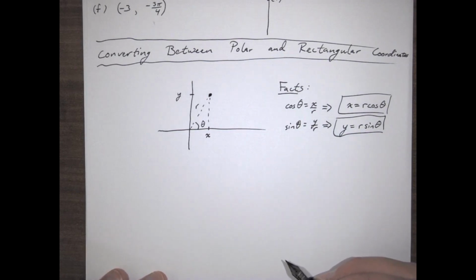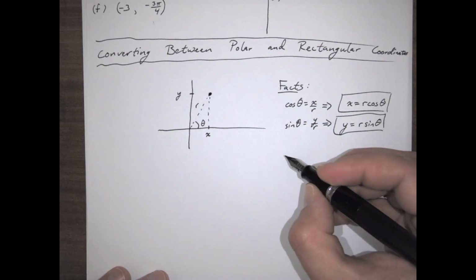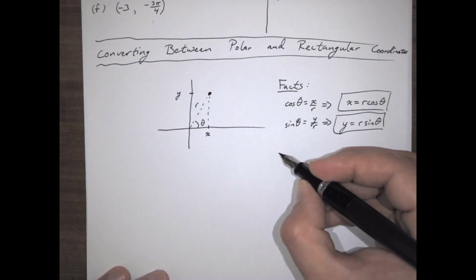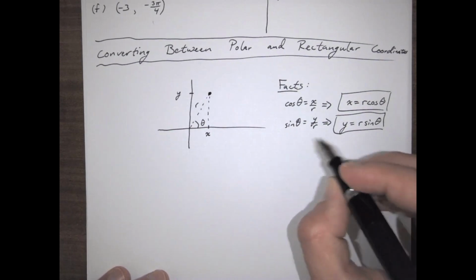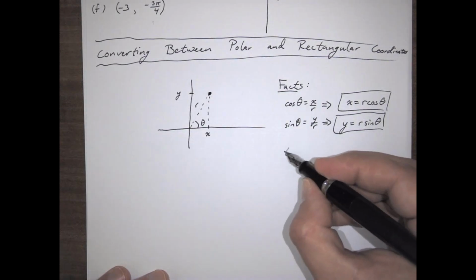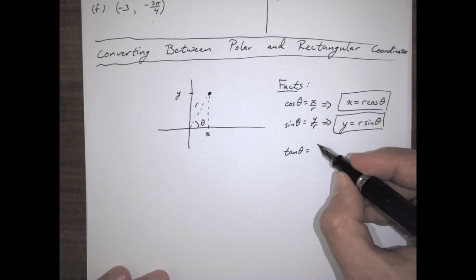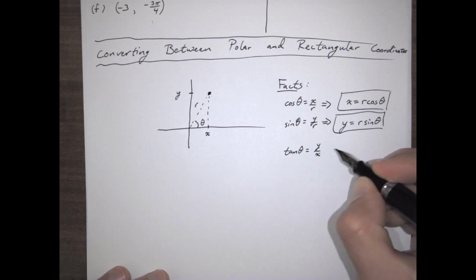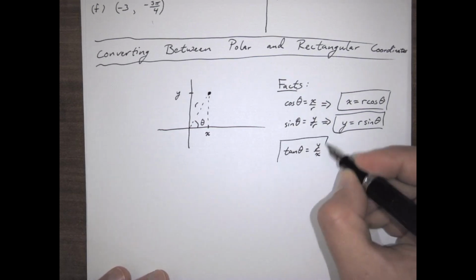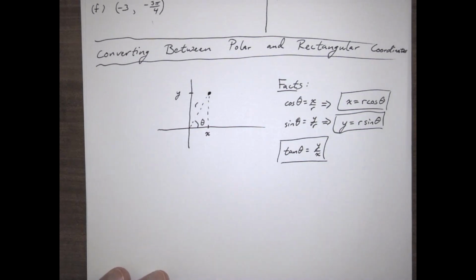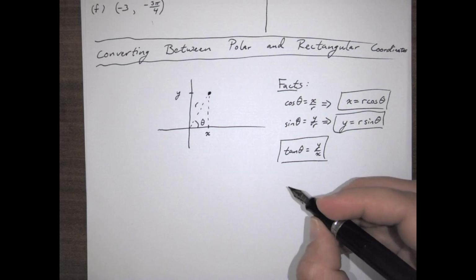Okay, good to know. Let's think about another fact I know. Tangent theta is equal to y over x. And that itself is also an important fact. And then another important fact here is the Pythagorean theorem.